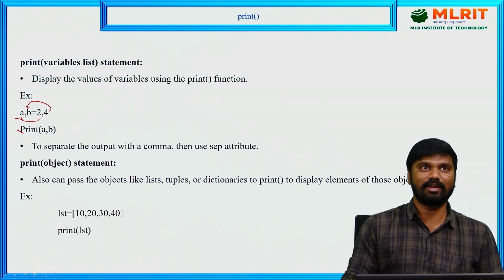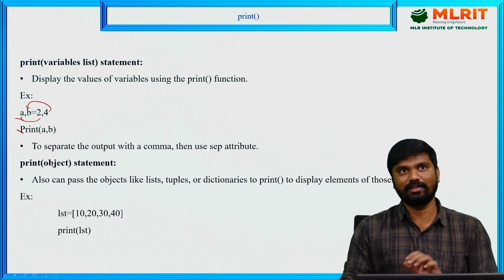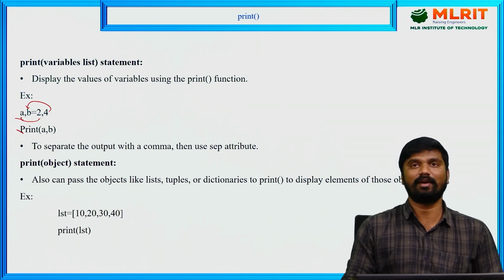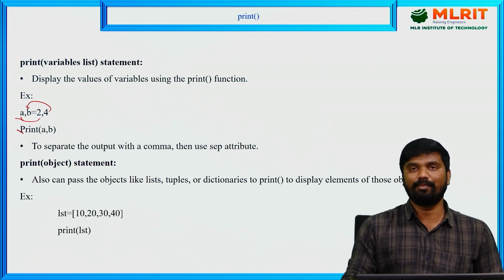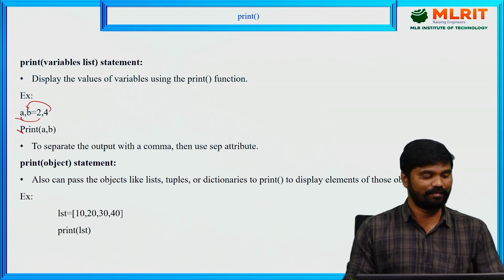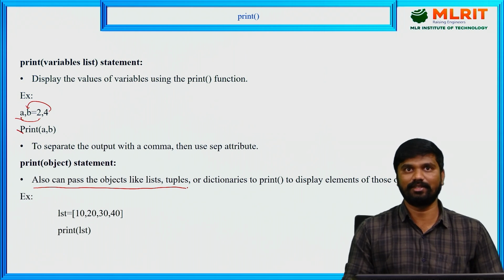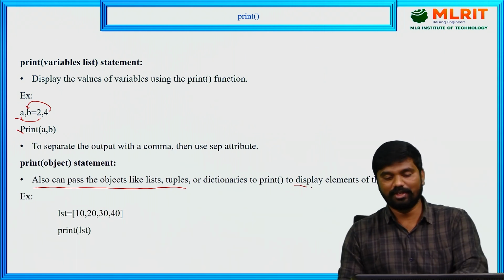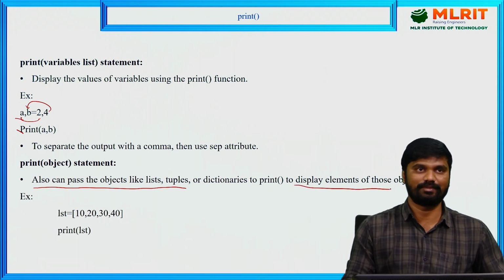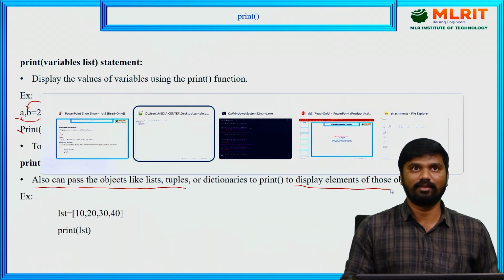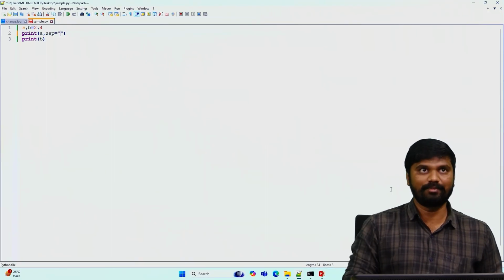Next, there is another format, that is object. That means we can pass an object into the print function. We can pass objects like lists, tuples, dictionaries to the print function to display the elements of those objects. Let me show the example.